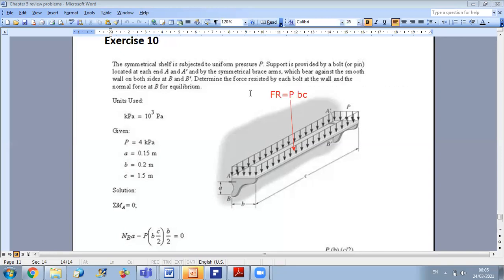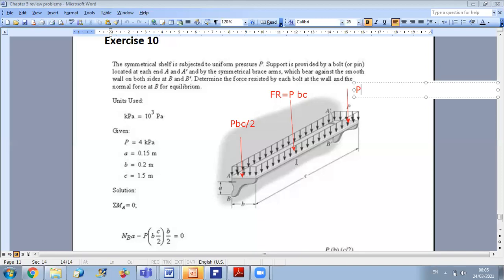So this system will be equivalent to two equal forces acting at the center at each end. So if I put here a force of PBC over 2 and here PBC over 2, I don't change anything because I have the same resultant in this way.